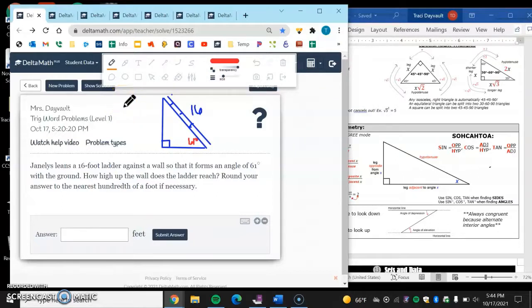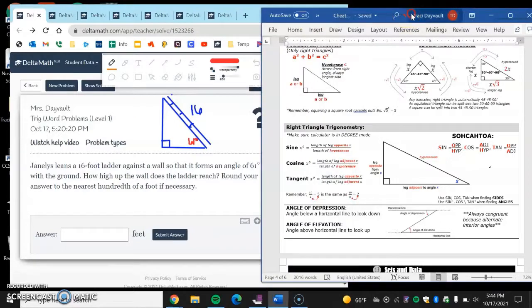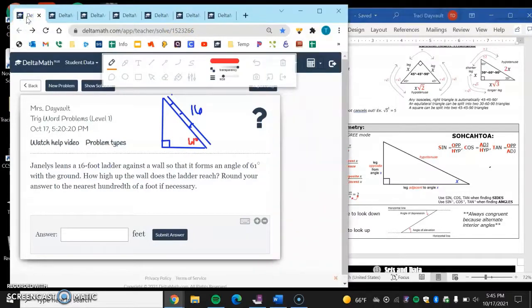So now we have the length of a hypotenuse and an angle, and all we need is one side and one angle, if we know our trig ratios, to be able to find all the other sides and angles of the triangle.